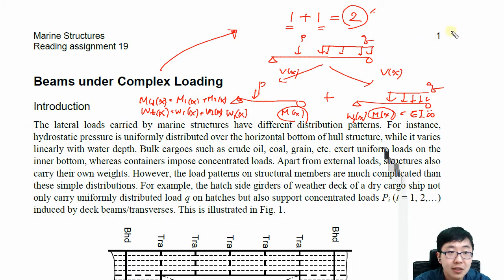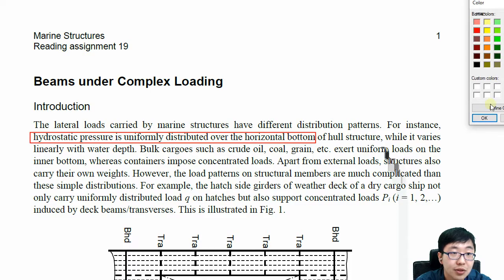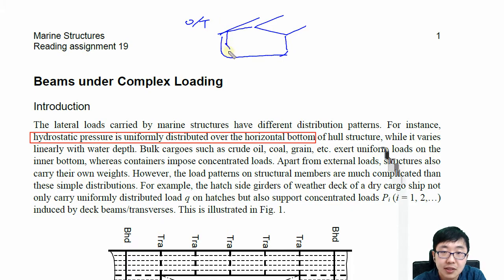As you can see here, they are talking about marine structures and the distribution pattern, and hydrostatic pressure is uniformly distributed over the horizontal members. For your better understanding, I'd like to write something here. For example, we have an oil tanker, and you can see the shape of the midship section, hopper, and the deck area, center line is here.